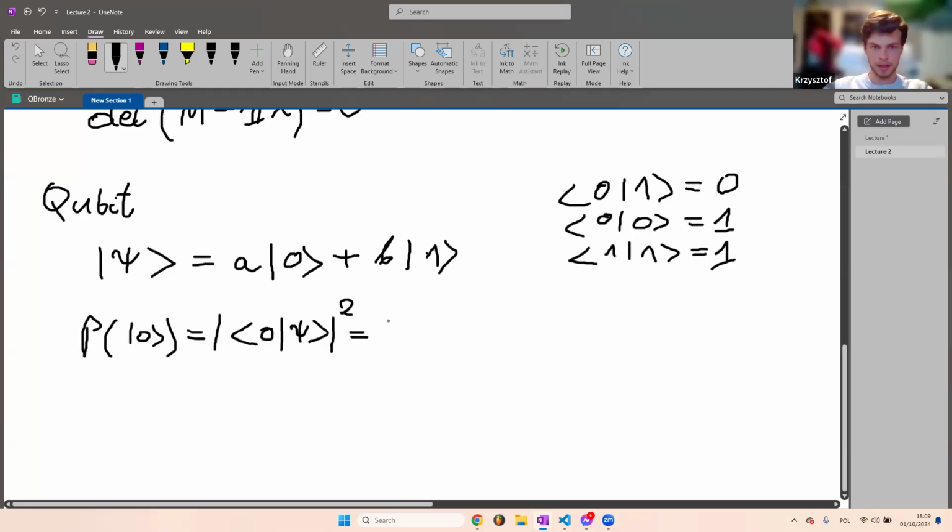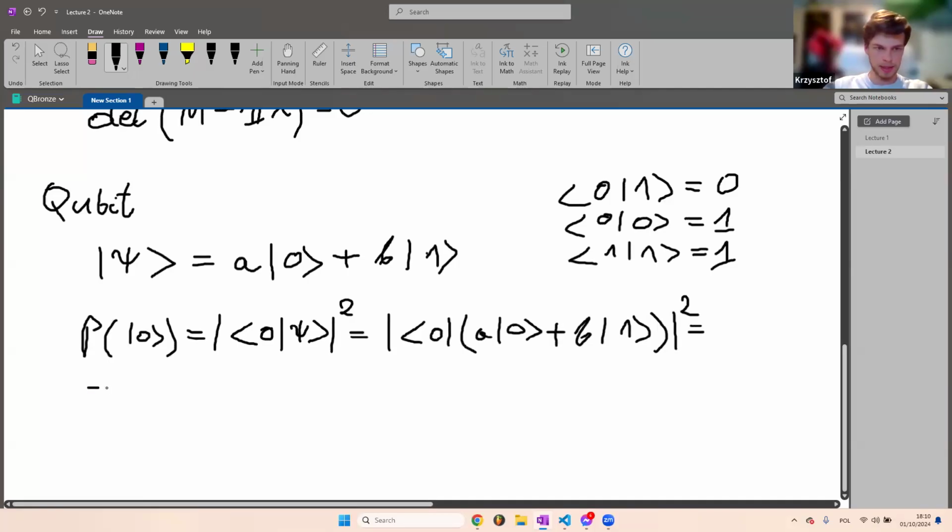So to calculate this, let's break down our vector psi into component A and component B, the components of the 0 and 1 kets.